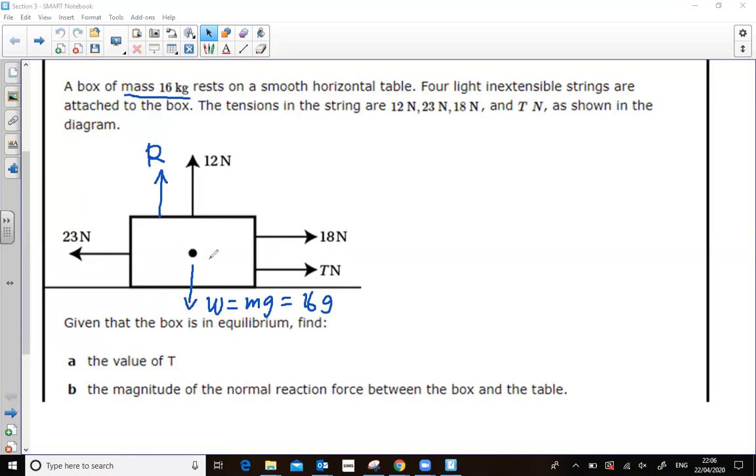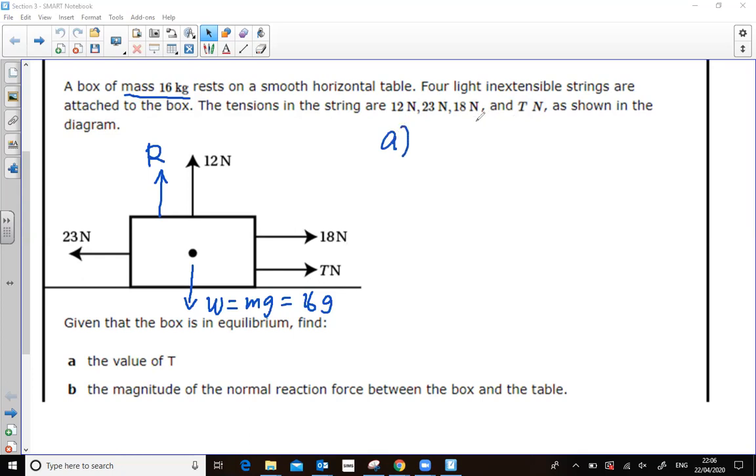So the box is in equilibrium, that means the forces in the horizontal direction should balance. Here we have 23 newtons acting towards the left-hand side. And on the right-hand side, we have 18 newtons and T newtons. So all the forces acting on the right-hand side should balance with the forces acting towards the left-hand side.